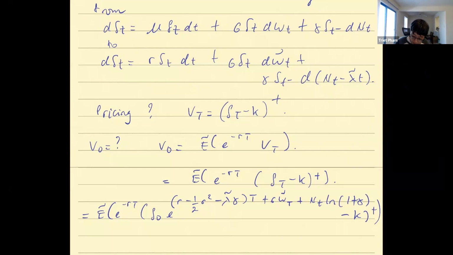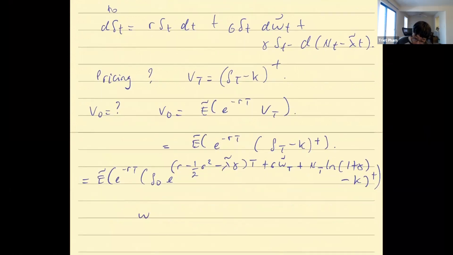Before, with Black-Scholes, because gamma is equal to 0, you have this and you have this. So if gamma equals 0, this goes back to Black-Scholes. If you introduce the Poisson component, then this becomes your pricing equation, where W tilde T is a normal random variable and Nt is a Poisson random variable with rate lambda tilde.